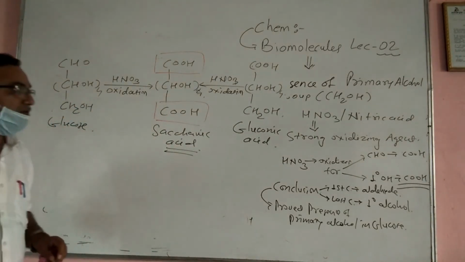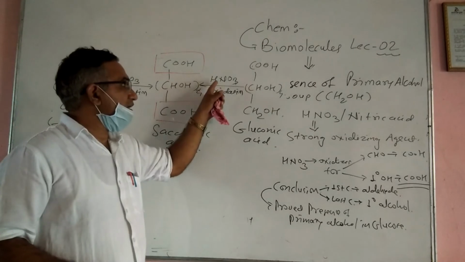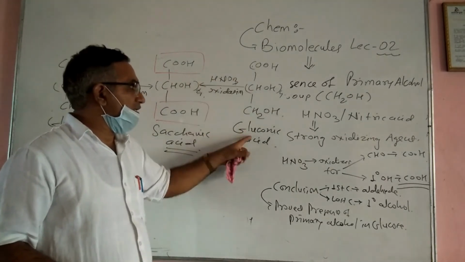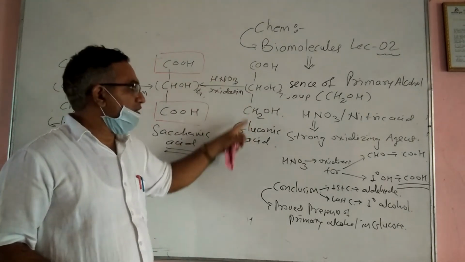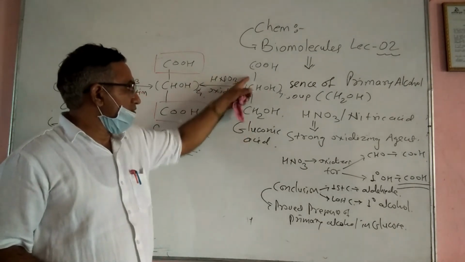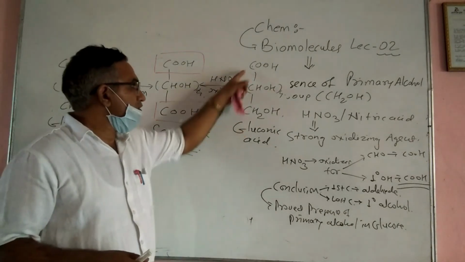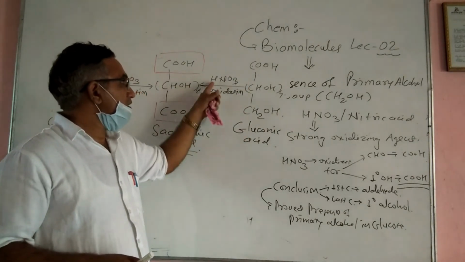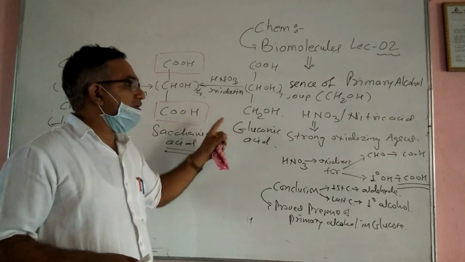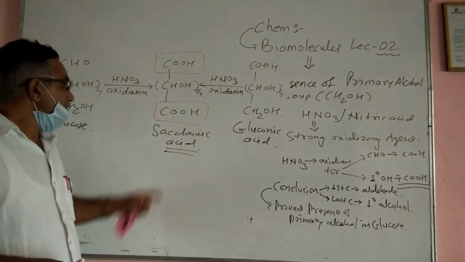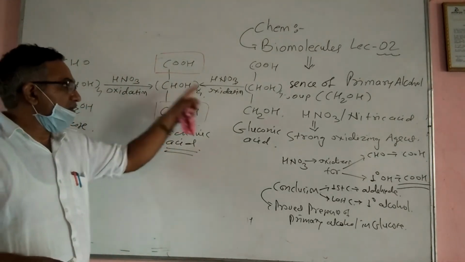Then when you perform a reaction of nitric acid with the gluconic acid, the product obtained by the reaction between the mild oxidizing agent bromine water and glucose, so this is gluconic acid. When gluconic acid and nitric acid react with each other, you will get the saccharic acid again. What does it tell us?